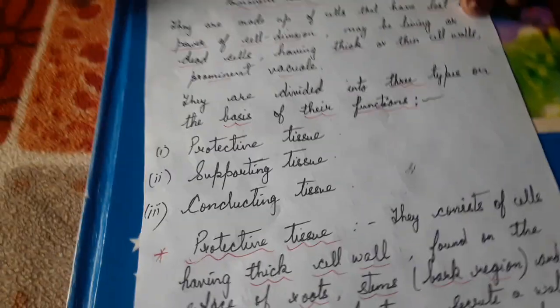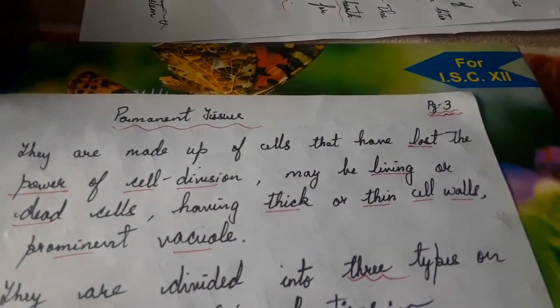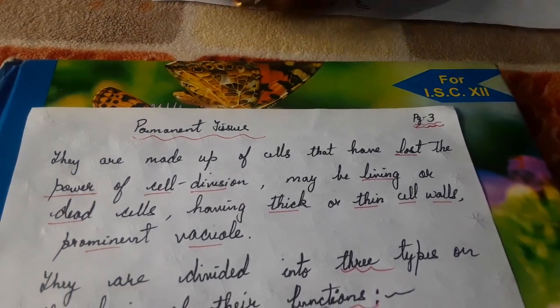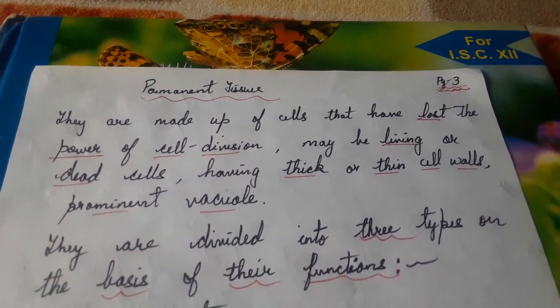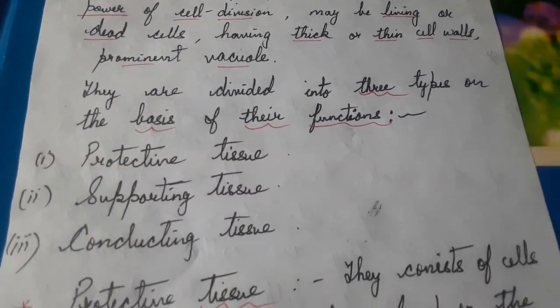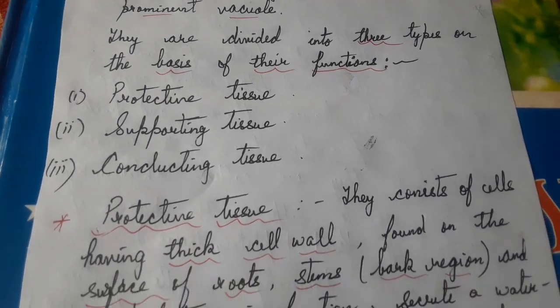Next we have, as I have said, permanent tissues can also be grouped on the basis of their function, that is protective tissue, supporting tissue, and conducting tissues.